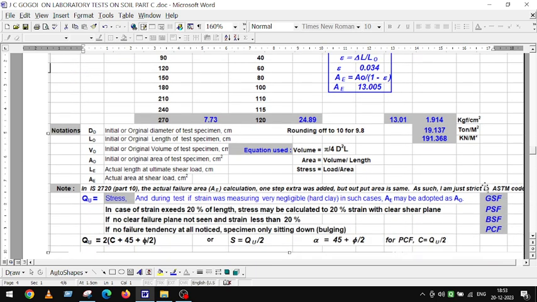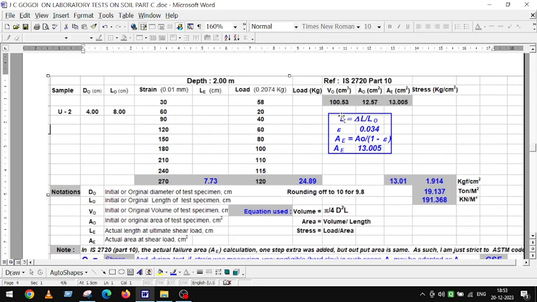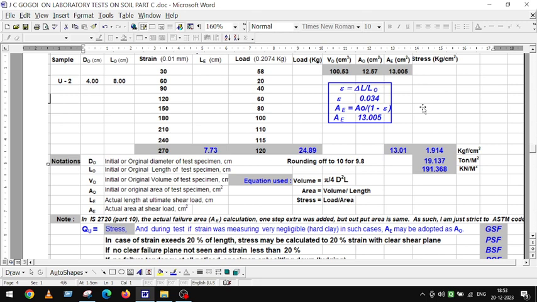You see, here, this IS code has recommended this method. This method is deleted nowadays, but ASTM still uses this method.